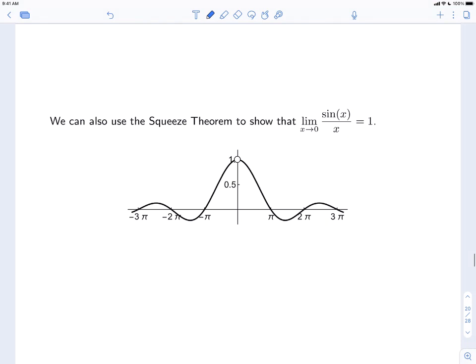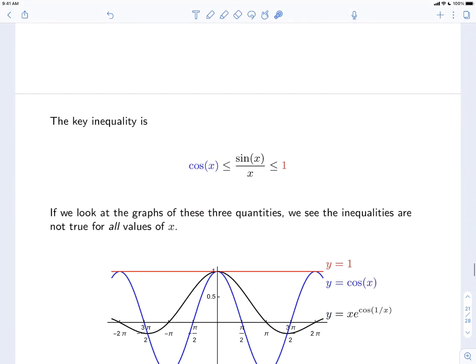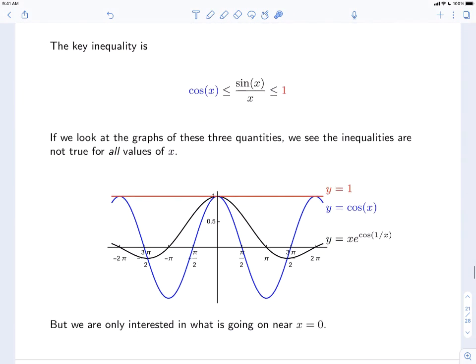We can also use the squeeze theorem to show that the limit as x approaches 0 of sine x over x equals 1. The basic inequality that we need is this one. Cosine of x is less than or equal to sine of x over x, which is less than or equal to 1.